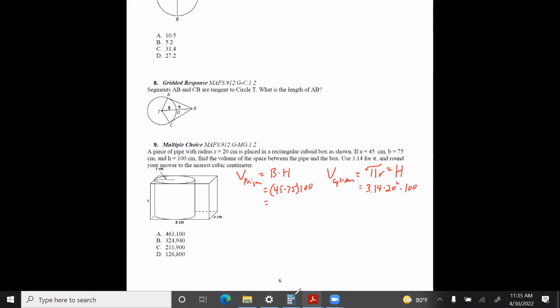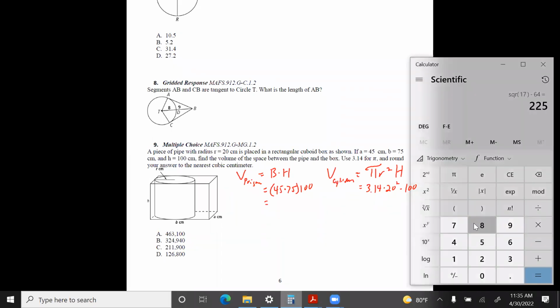So multiply this out and bring the calculator back up. We have 45 times 75 times 100. So we have that big number, 337,500.